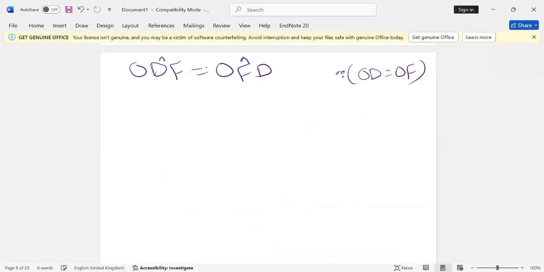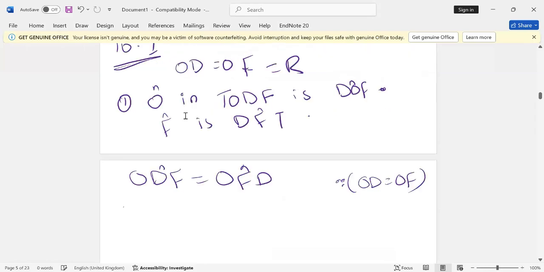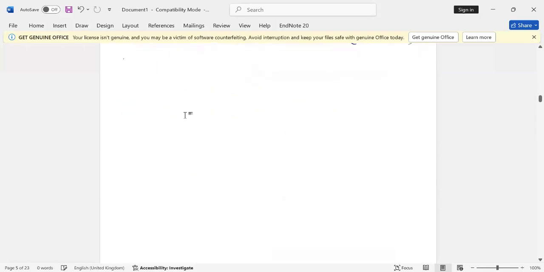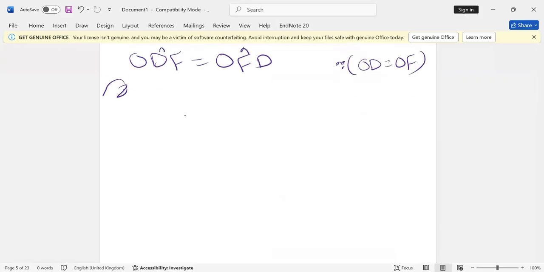Okay, so we have to assume what the point is we have to make. Second point, we have to assume that TDF plus TOF equals 180 degrees.